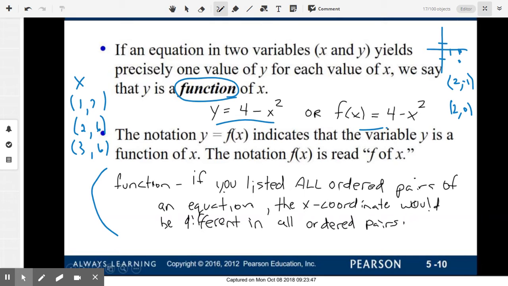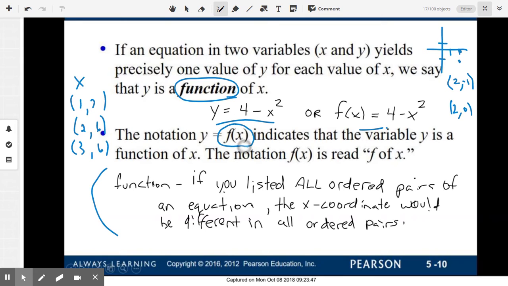Now, how are these in relation to each other? Points that have the same x coordinate are vertical of each other, directly above and below each other. So another way we could look at it is, if we were looking at the graph, we could not have any points that are directly above and below each other. As long as none of them are directly above and below each other, we have a function.